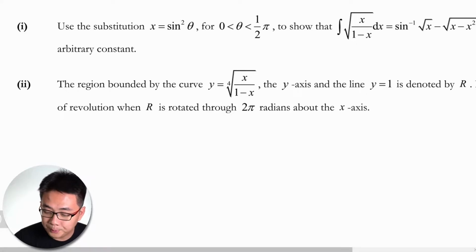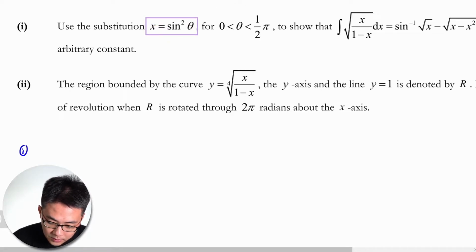Okay, so the first thing for any kind of substitution is to find the derivative of the substitute first. So dx d theta: you will get 2 sine theta, and then differentiate cosine. Differentiate sine will just be this, right?